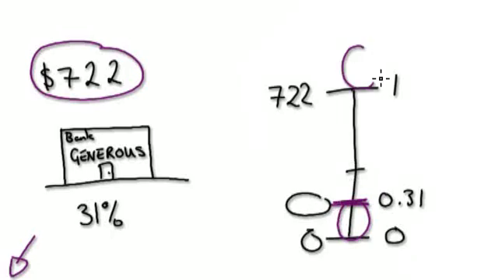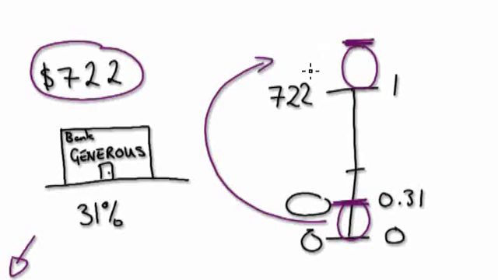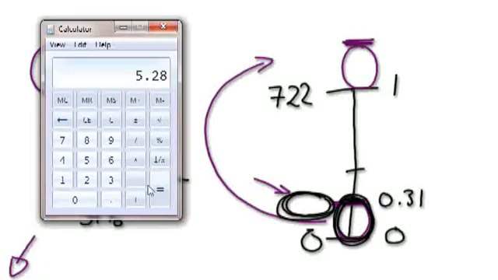Remember, we are not moving this up here this time, because I don't want to know how much money you have in total. I just want to know this level here. Basically 31% of this, because that's how much a bank is giving you for doing nothing. That's how much interest you will earn. So it's a matter of finding out 31% of your original amount.